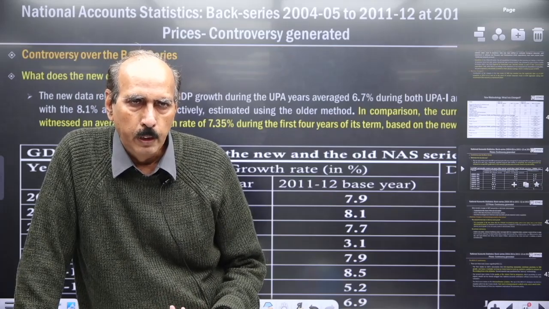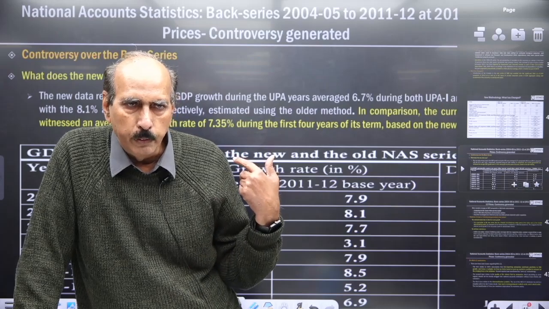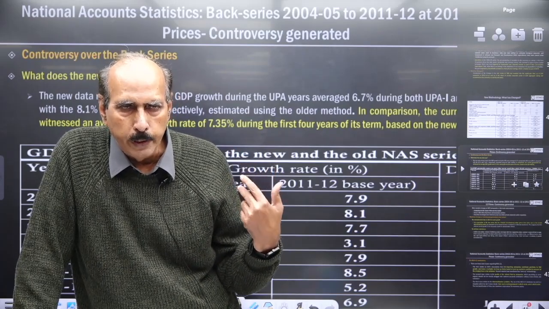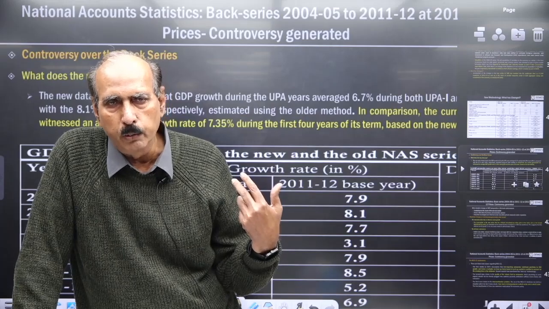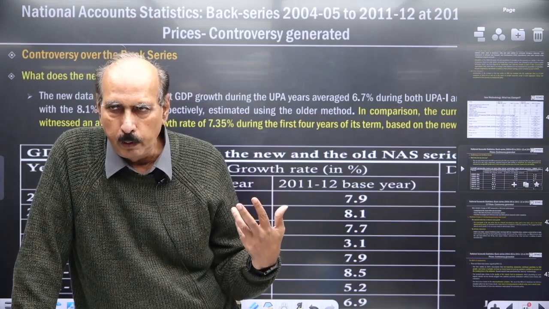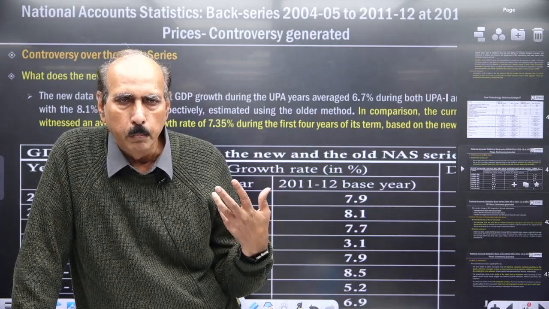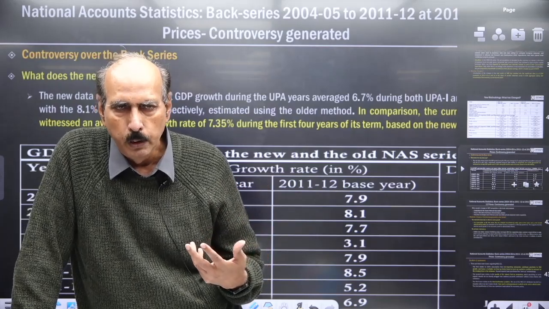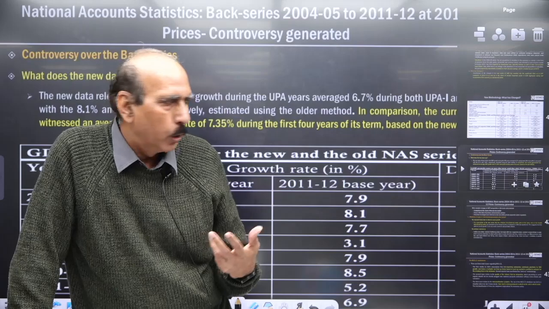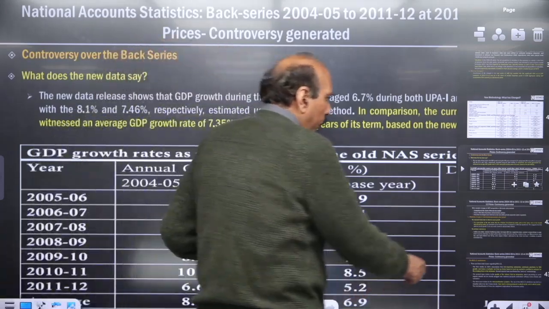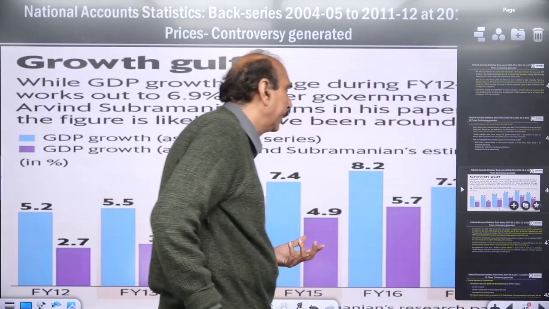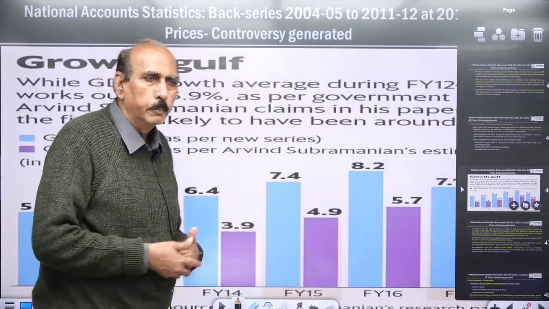This has made the controversy. At that point of time when this revision was made, the Chief Economic Advisor of the Government of India highlighted this fact. He said that revisions made in the methodology are overestimating the GDP. This is the data he has given.